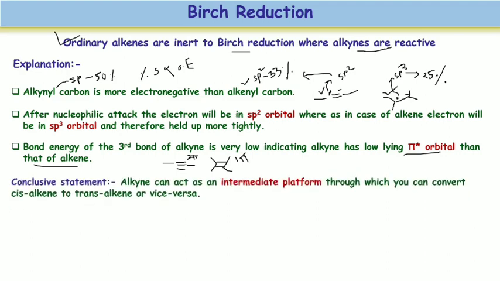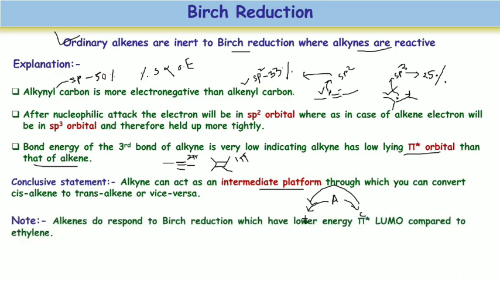Now one statement you can make from the whole discussion of alkyne is that alkyne can act as an intermediate platform through which you can convert cis-alkene to trans-alkene or vice versa. So if you have an alkyne, you can convert trans-alkene to cis-alkene or cis-alkene to trans-alkene, by following different methods.